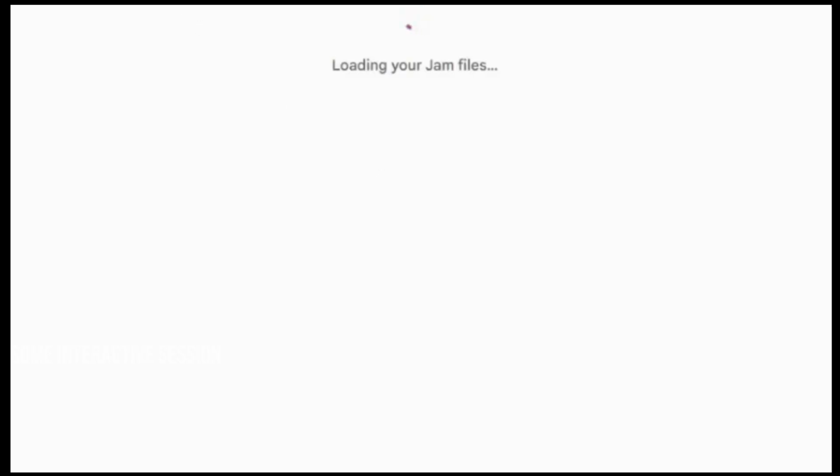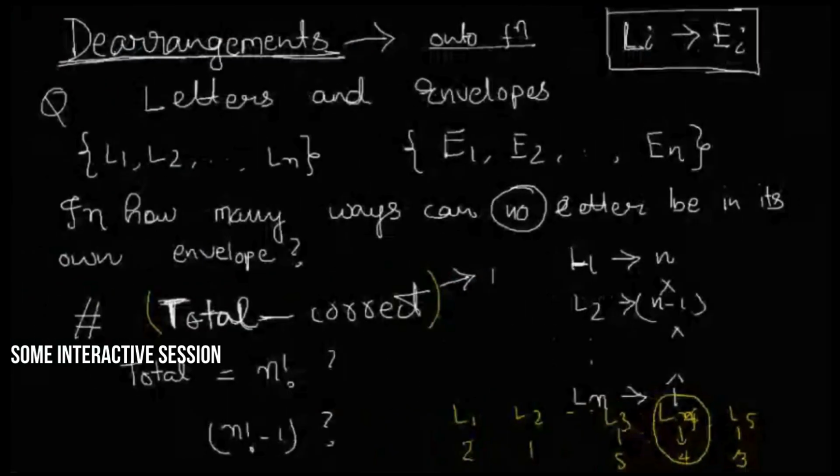What question do you have? Actually, I was proceeding in such a way that let us take at least one envelope and write correct, and then at least two, and then at least three, likewise up to at least n. So what you want to say is, we will make a summation of at least one letter in an incorrect envelope, then at least two, at least three, and so on.